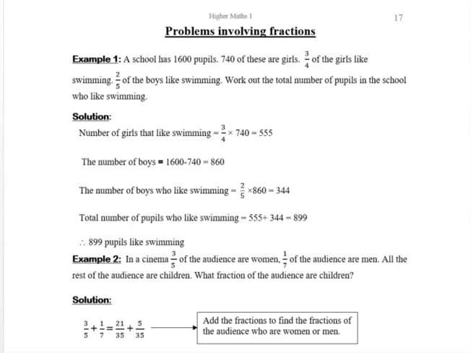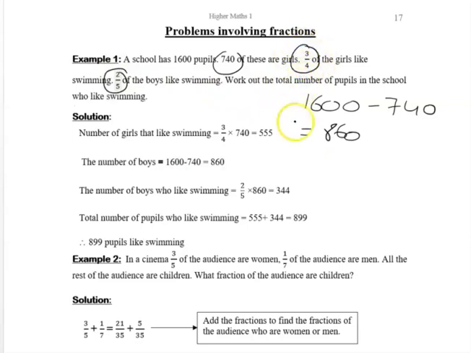So what we need here is the number of boys and girls. Now we know there's 740 girls. To work out the number of boys, we do the total number of pupils, subtract them, and we're going to get 860. Now, what fraction of boys like swimming? It's 2/5. What fraction of girls like swimming? It's 3/4.